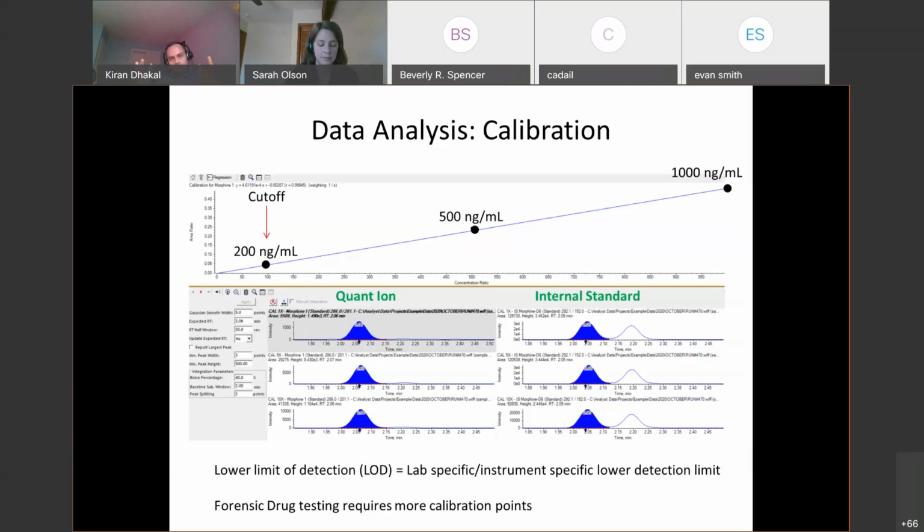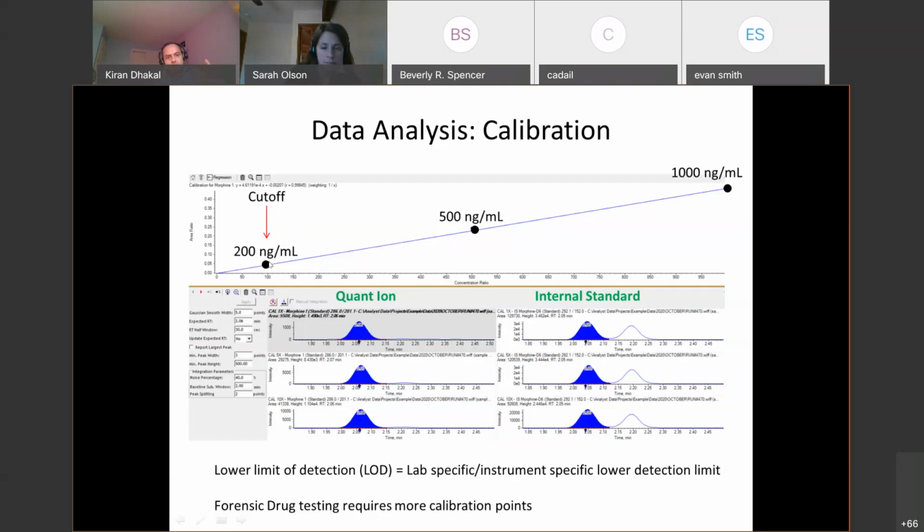This is a calibration curve, and you have three calibrators here. What you're seeing here is a quant ion, which is the first transition for a drug, and its internal standard. For each concentration level, you have a signal, and the internal standard signal will normalize that signal, and you get a linear curve like this.